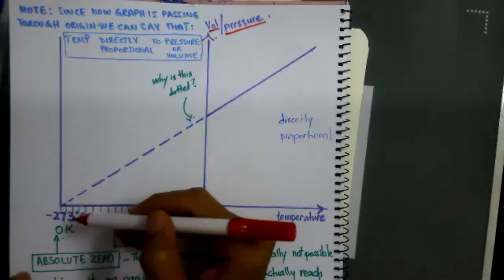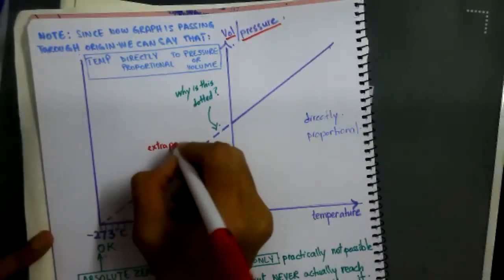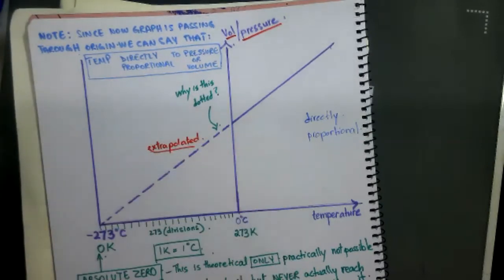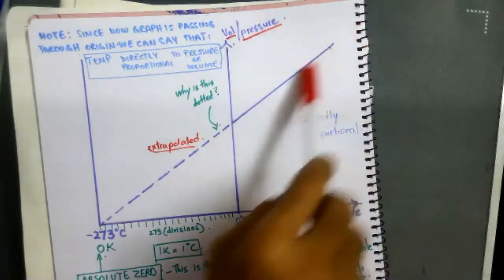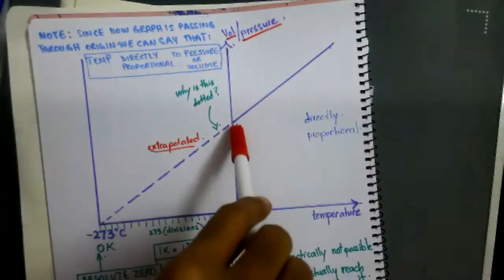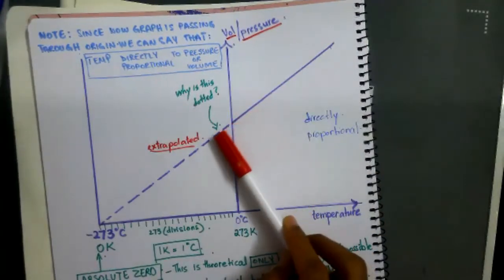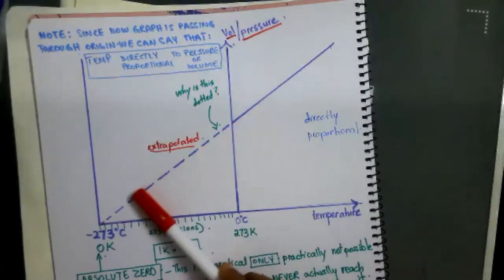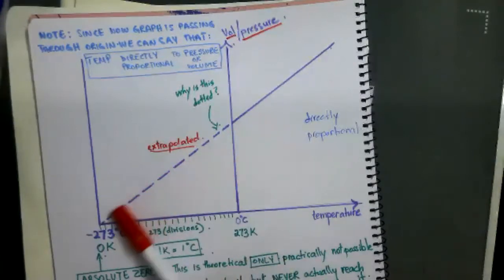What does extrapolated mean? This is an extrapolated graph, meaning that assuming that the behavior of the gas stays the same, we continue the graph and see where it touches the x-axis.